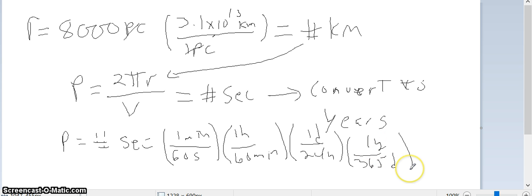So you take whatever this number is right here, divide by 60, divide by 60 again, divide by 24, and then divide by 365. That'll give you the number of years, and it's in the millions, just to give you what the answer should be.